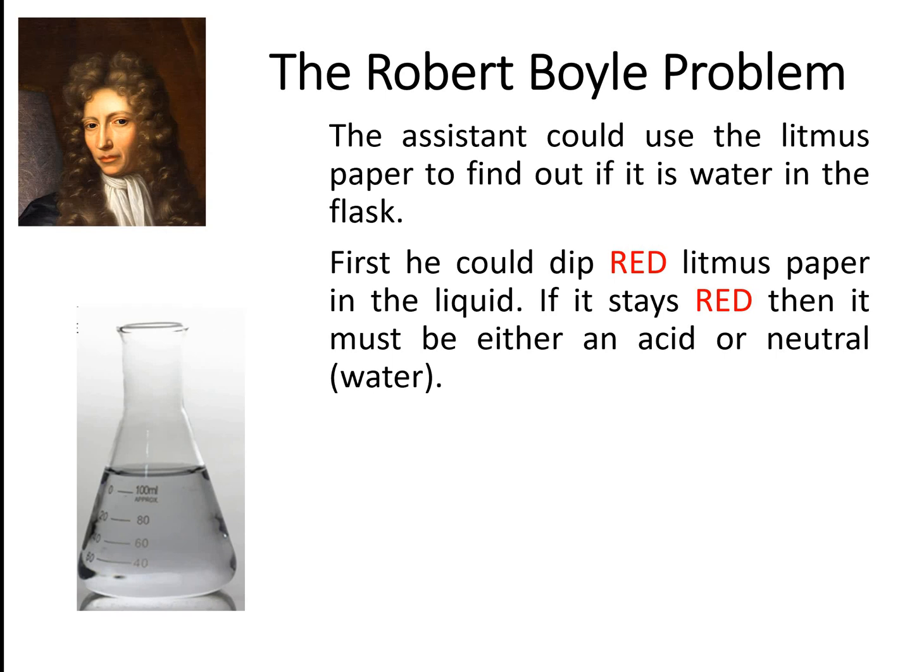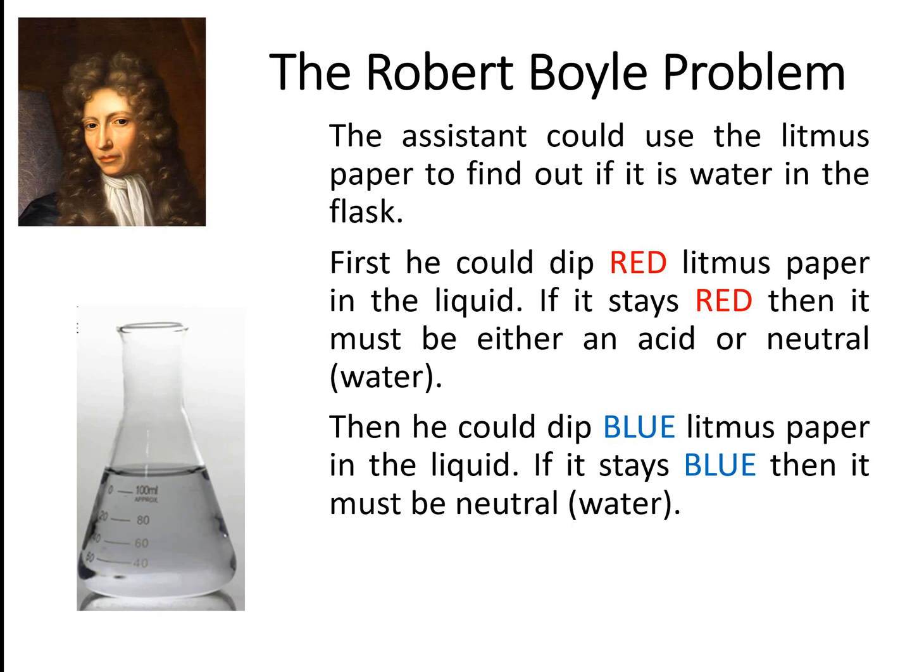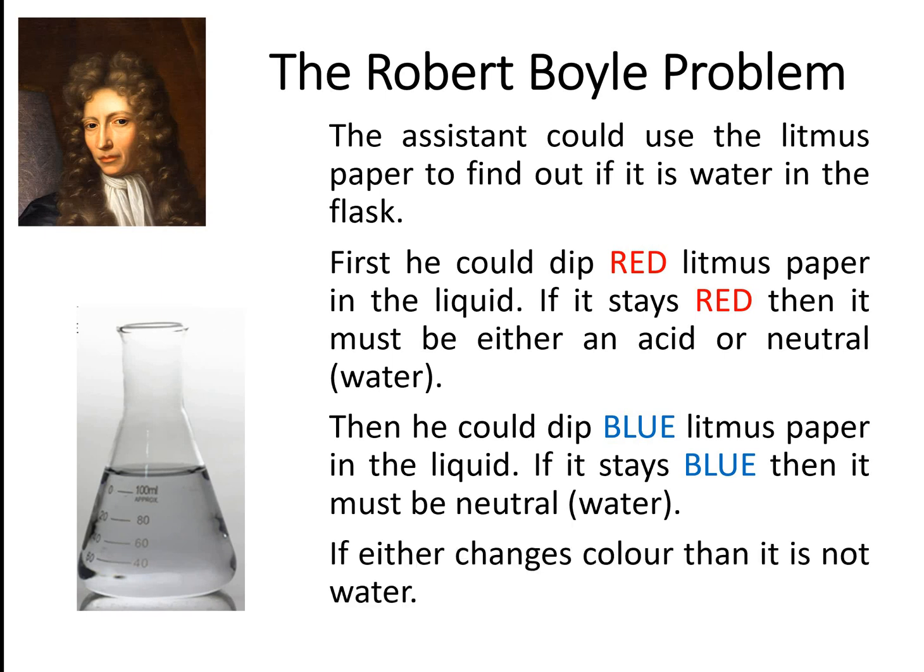If it stays red, then it must be either an acid or neutral, so water. He could then dip blue litmus paper in the liquid, and if it stays blue, then it must be neutral, water. If either changes colour, then it can't possibly be water. It would have to be an acid or an alkali.